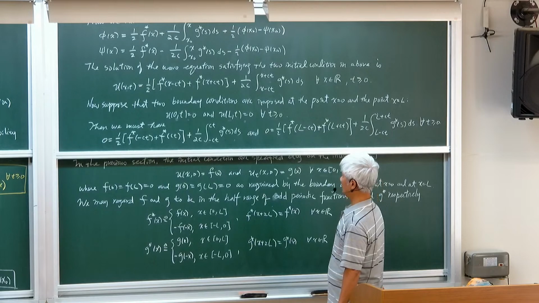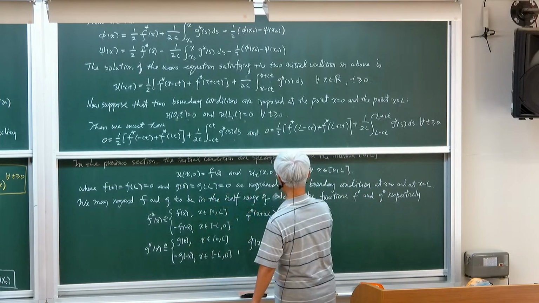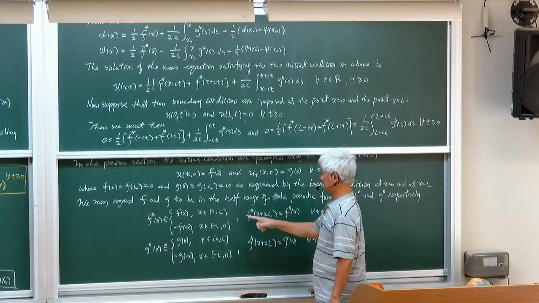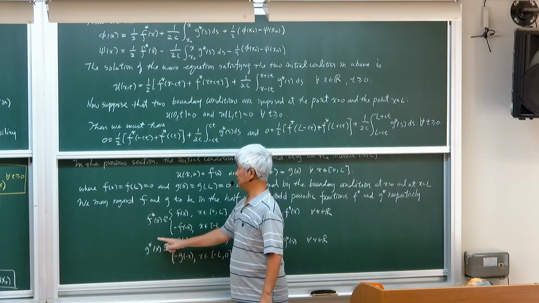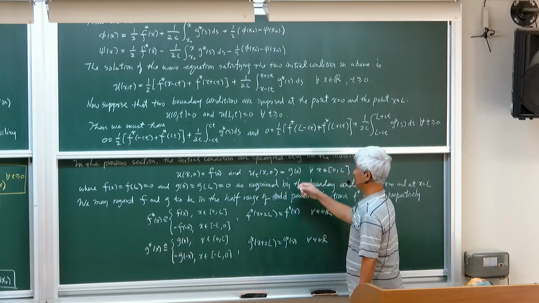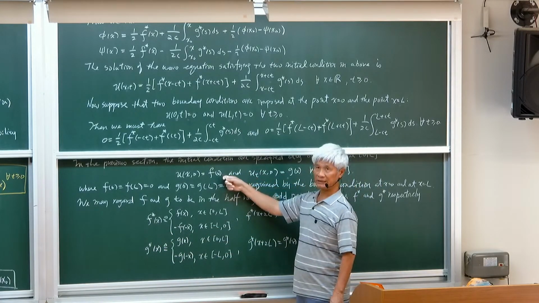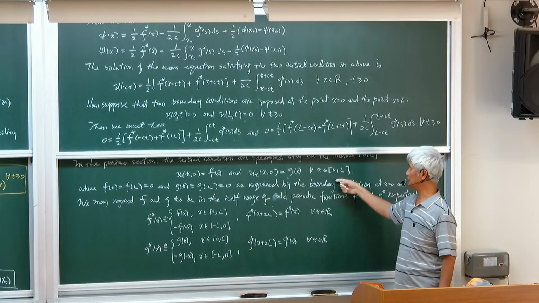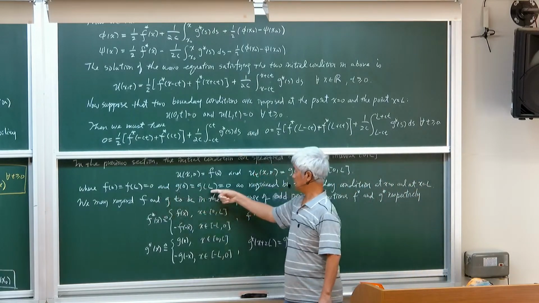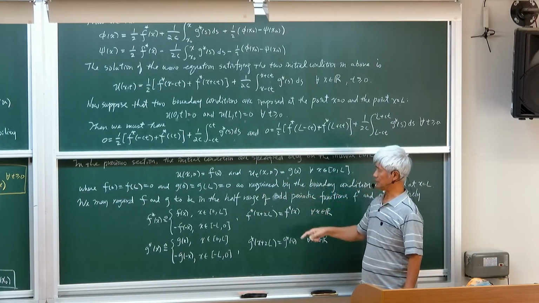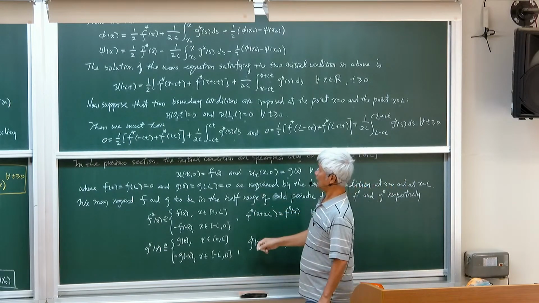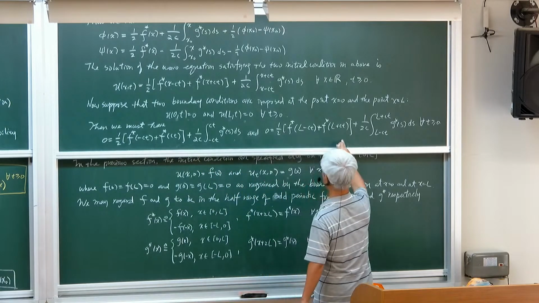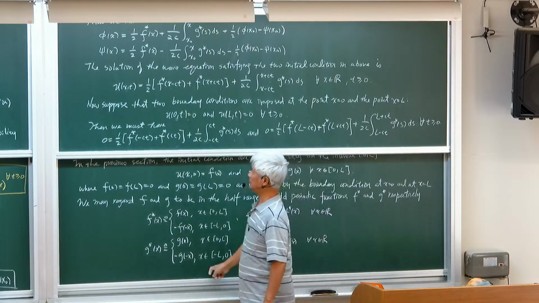When we define f star and g star by using the two initial conditions given in the half range from 0 to L, required by the boundary conditions, we can then check that these two conditions are satisfied.